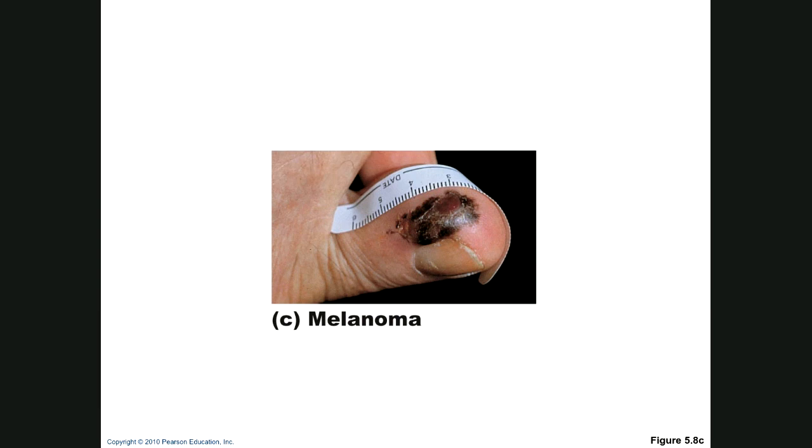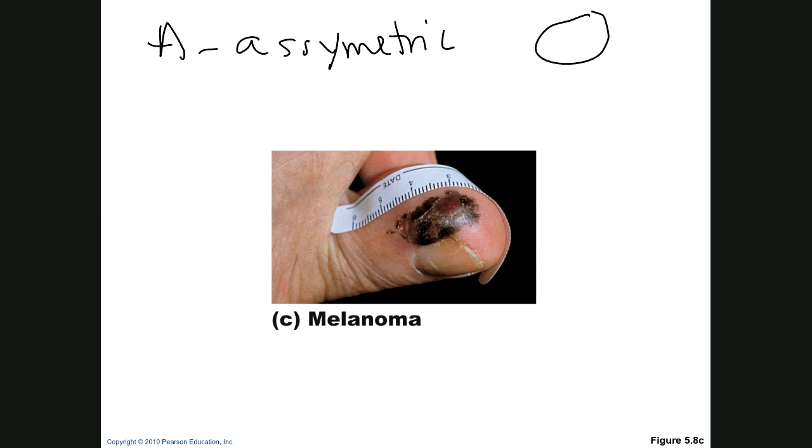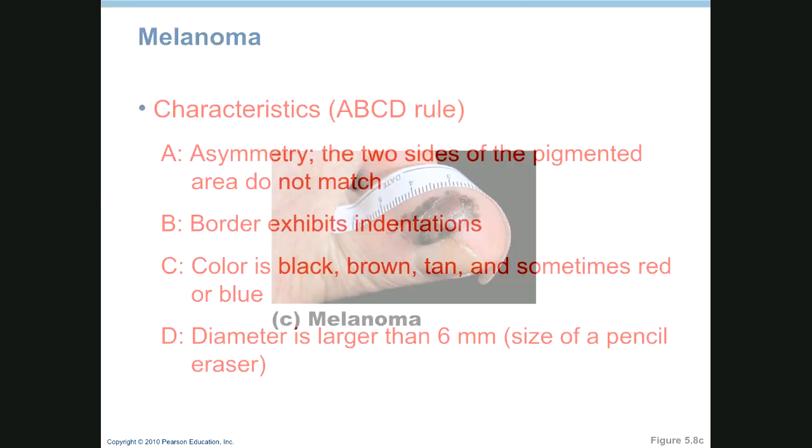So A stands for asymmetric. So the lesion is not the same. If you were to cut the lesion, the two halves are not the same. So in the case of a melanoma lesion, if you were to cut them, the two sides are not going to look the same. Okay, so this is the A in the ABCD description.